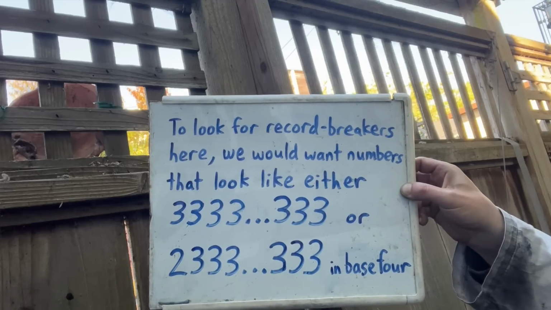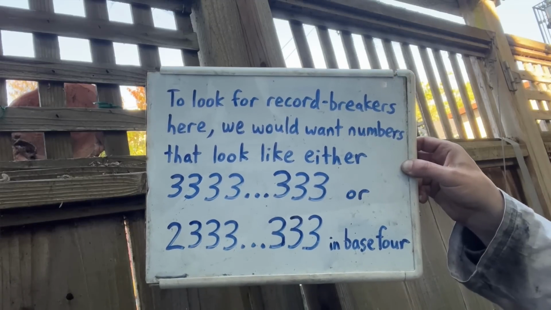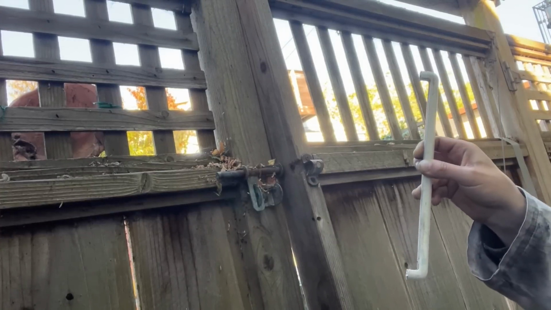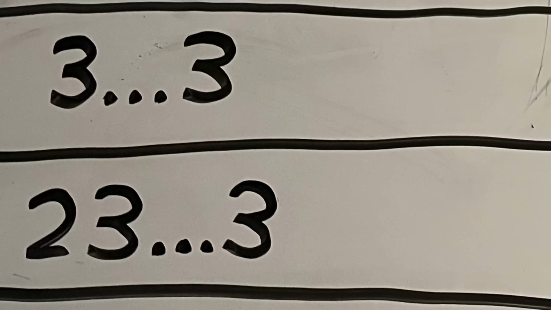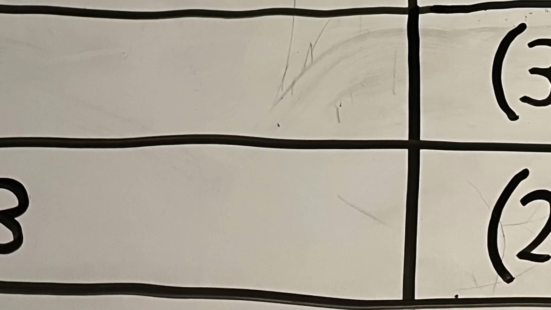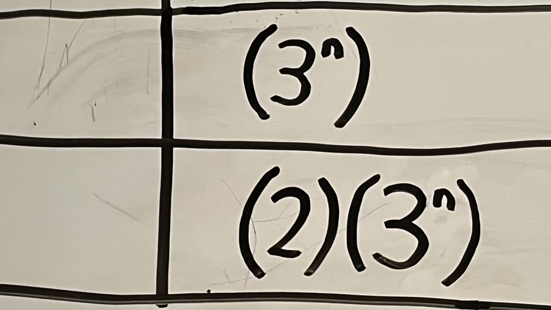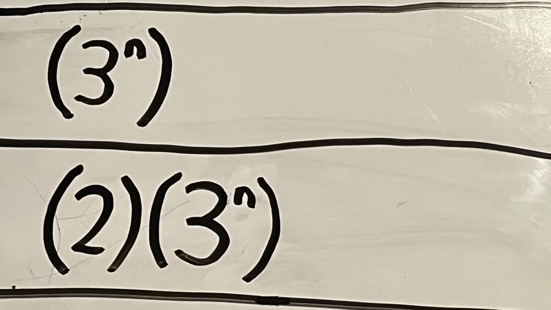If you imagine multiplying the digits of a number of one of these forms, you'll see that the record-breaking contenders will all have their first digit product result in either a power of 3 or exactly twice a power of 3 expressed in base 4.